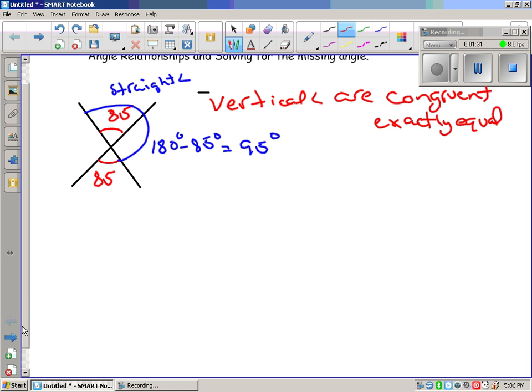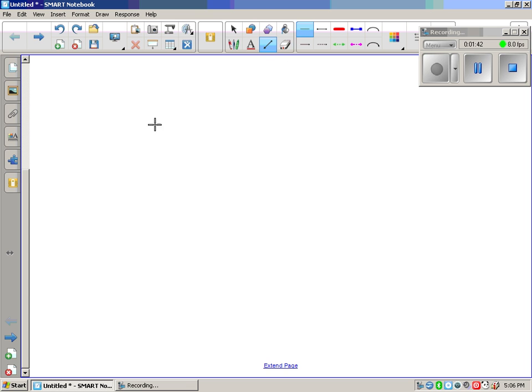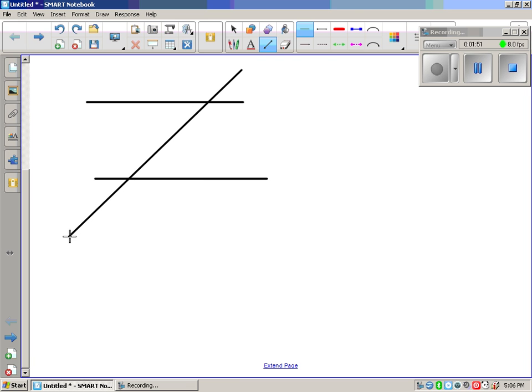The next thing I wanted to talk about was angles in two parallel lines cut by a transversal. Two parallel lines cut by a transversal, and there are some angles that are congruent here also.